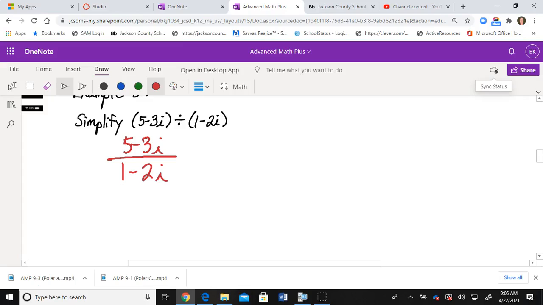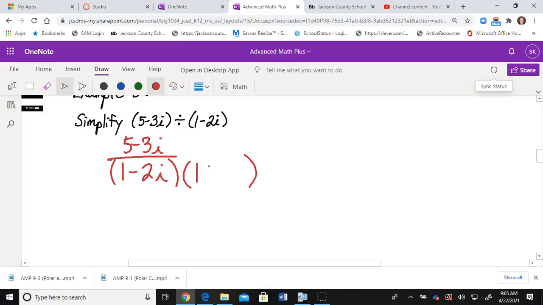We have done this when we dealt with irrational answers, when we had radicals on the bottom. Remember, they don't like having radicals on the bottom? It's the same type thing to get rid of the i. When we were rationalizing our denominator for radicals, what did we multiply the bottom by and the top by? The conjugate. You do the same thing. What is the conjugate of 1 minus 2i? 1 plus 2i.